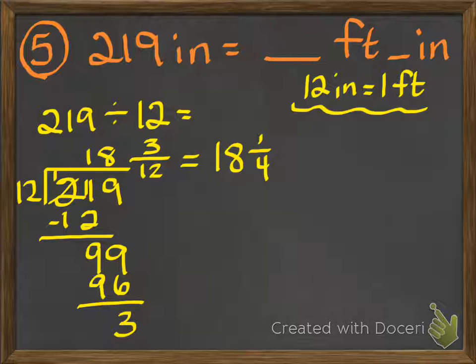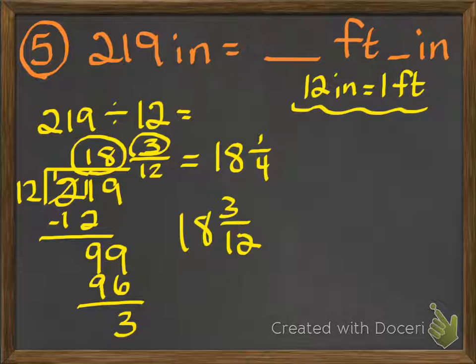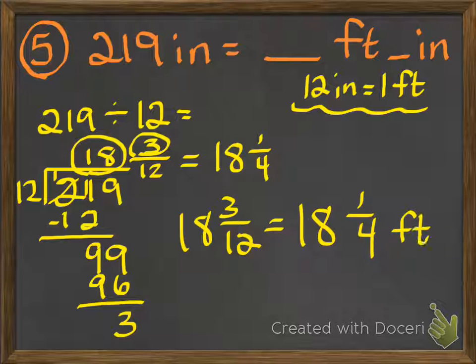So I took 219 divided by 12, and I wrote that out in my division box, and I ended up with 18, and then 3 is my remainder, and I could write that as a fraction, 18 and 3/12, which can be simplified into 18 and 1/4. So it could say that is 18 and 1/4 feet, or I could write out that is 18 feet and then take my remainder. My remainder was 3. 18 feet and 3 inches.